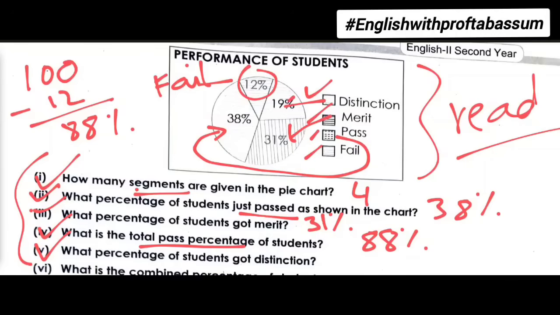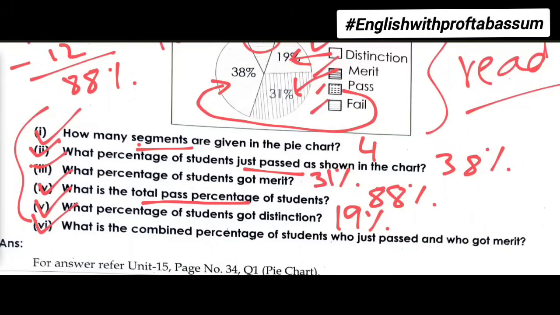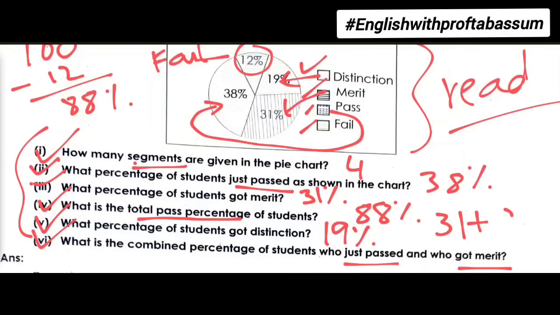So distinction is given over here, 19%. Next question, what is the combined percentage of students who just passed and who got merit? So the word combined over here means add, pass and merit. So merit percentage is 31 plus 38, you'll get 69%.